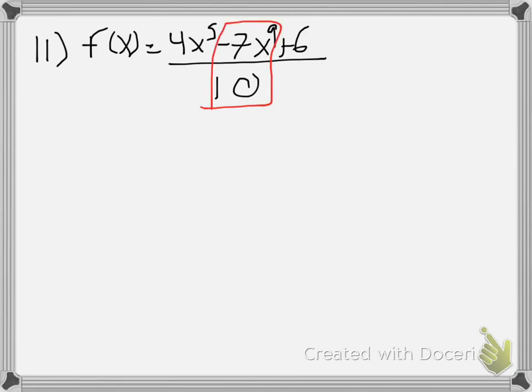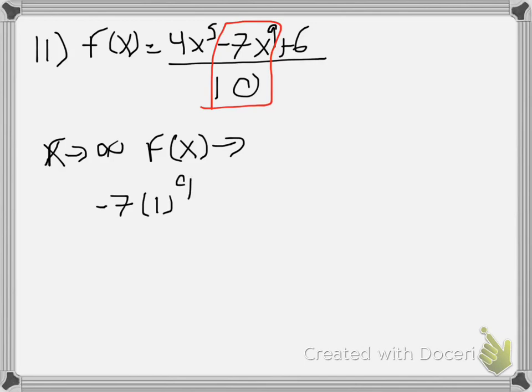So when I go to do these, I'm going to put positive 1 in as x approaches infinity. F of x will approach what? Well, if I put positive 1 in, I get negative 7 times 1 to the 9th over 10, which is negative 7/10. So that approaches negative infinity.